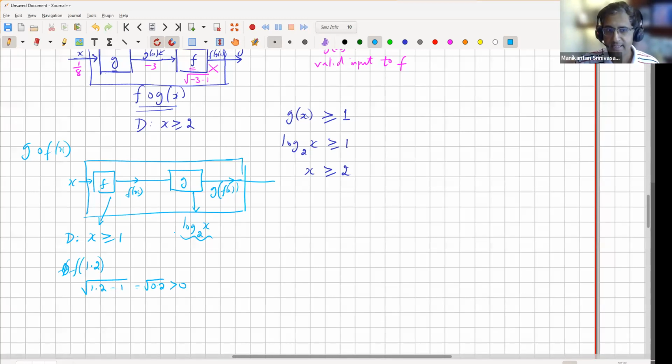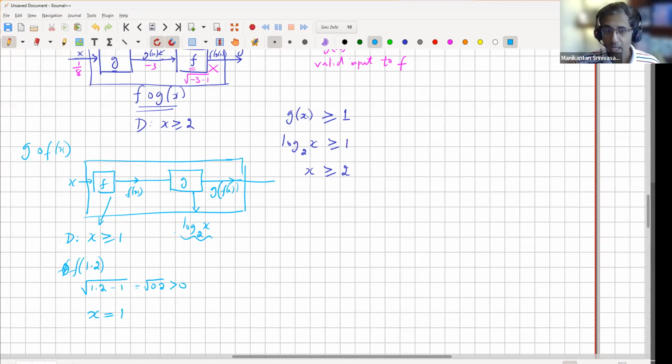In this case, since F is the square root of X minus 1, the output will always be positive, so there is no problem at all, except for one edge case. Suppose X is equal to 1. F will still take it, because the root of 0 is 0.